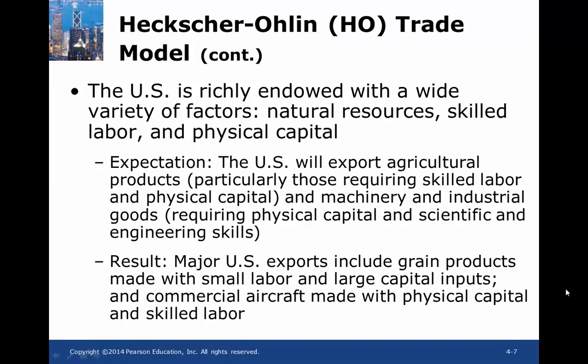Heckscher-Ohlin HO trade model. The US is richly endowed with a wide variety of factors: natural resources, skilled labor, and physical capital. Expectation. The US will export agricultural products, particularly those requiring skilled labor and physical capital, and machinery and industrial goods requiring physical capital and scientific and engineering skills.